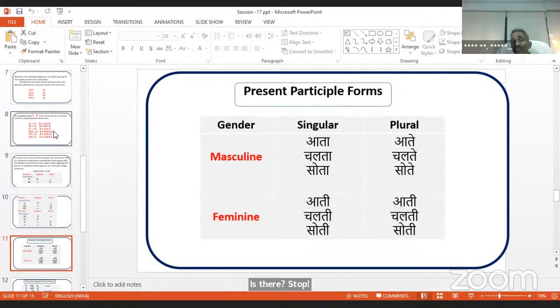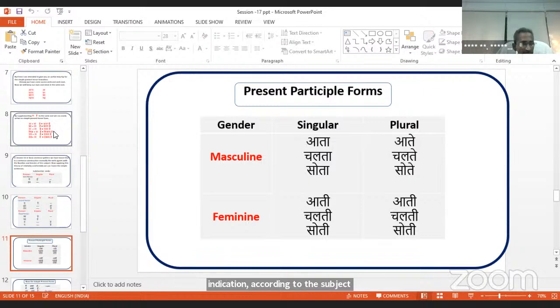Just like whenever masculine plural is there, aata will change into aate. Chalta will change into chalte. Sota will change into sote. These are the indications. According to the subject, the verb also changes.